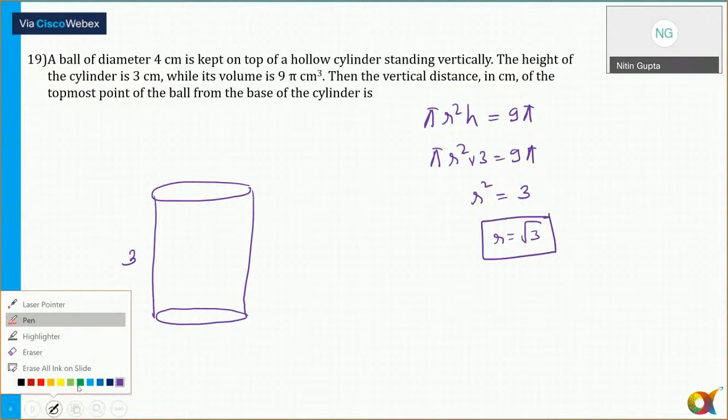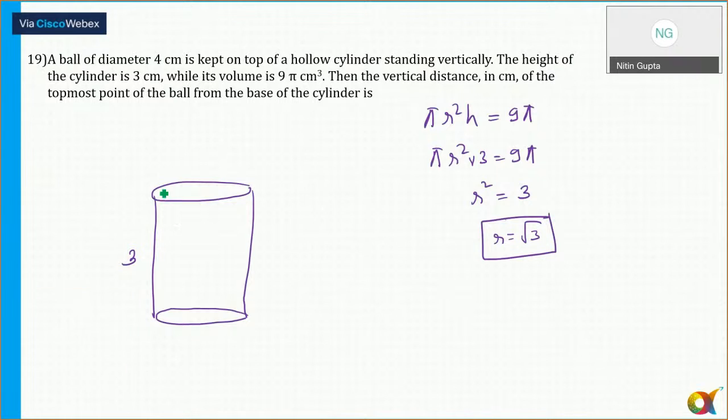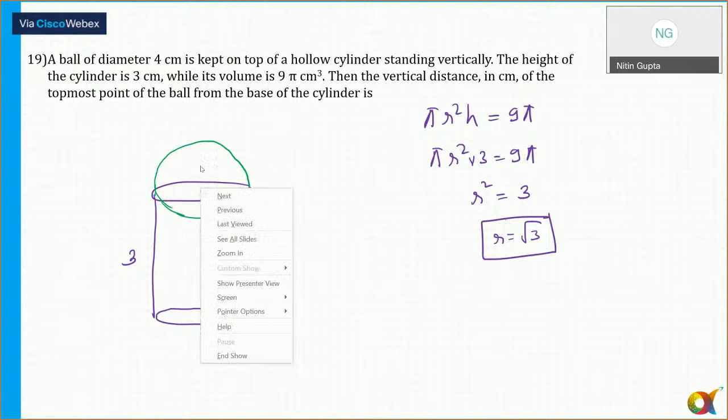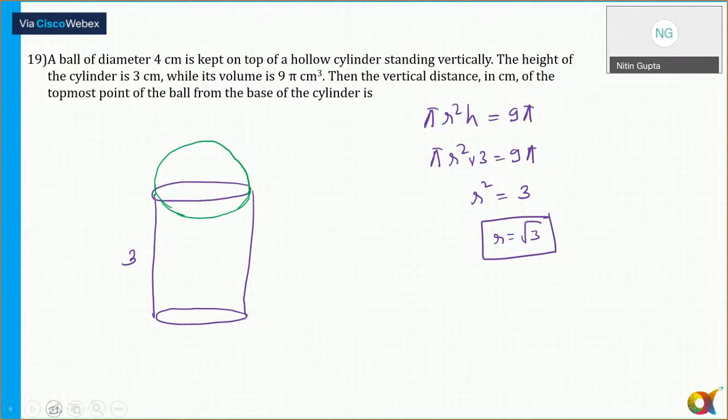That we know. Now, there is a ball. A ball of diameter 4 centimeter is kept on the top of the hollow cylinder. So let's say there is a ball like this, and the center of the ball is here.